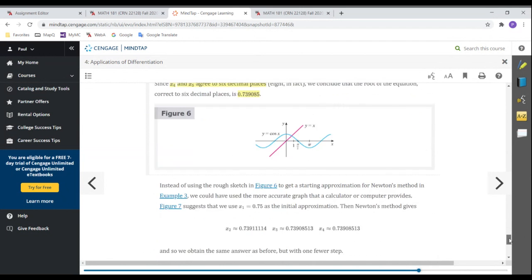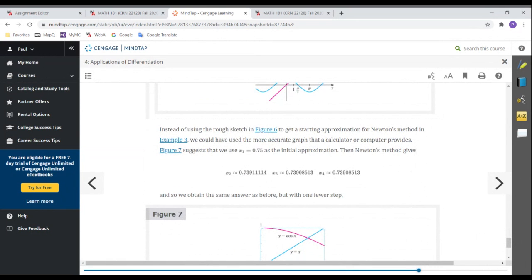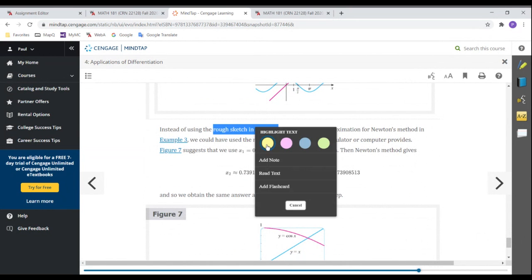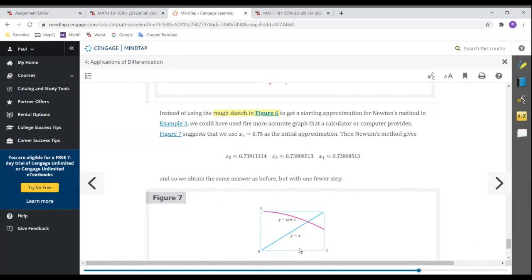They make another comment here that instead of using the sketch in figure 6 to get a starting approximation for Newton's method, you could use a more accurate graph. For instance, if you were to zoom in on where the intersection is between y equals the cosine of x and y equals x, you'd see that the x-coordinate of the intersection point is closer to 0.75.